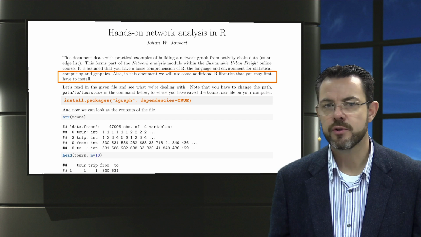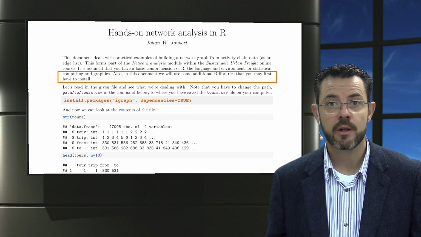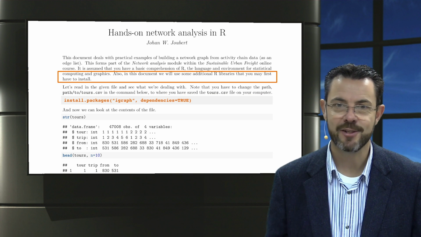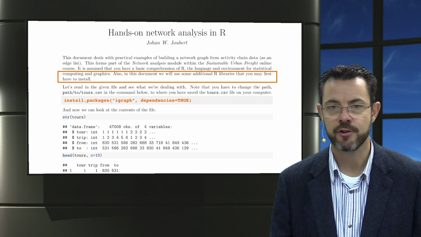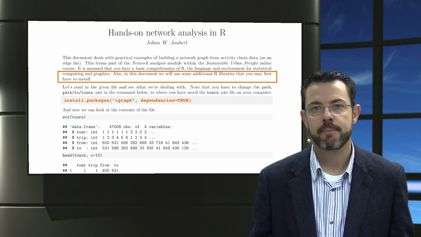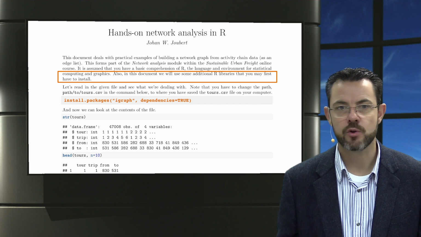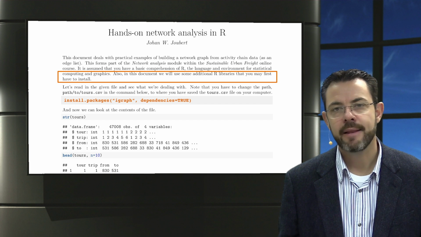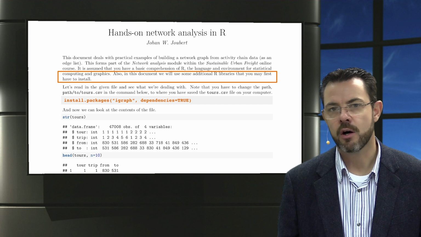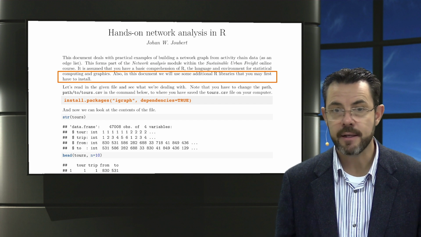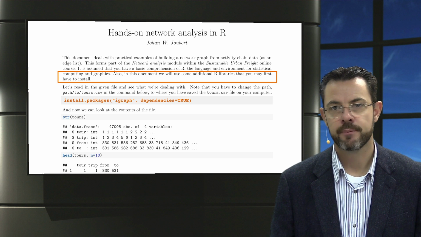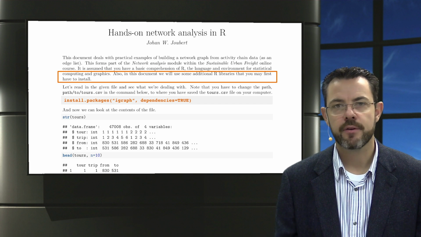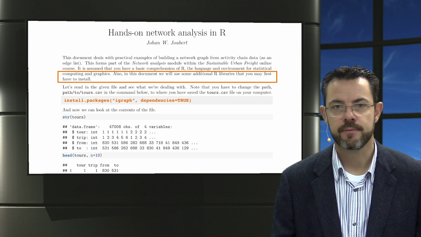The command you use for that in R is appropriately named install.packages. And here is an example of how you will install the iGraph package. The first argument is the package name that you want to install. And the second argument tells R to also install all the dependencies that iGraph may have on other packages and libraries. That just means you give R the authority to also install those packages.